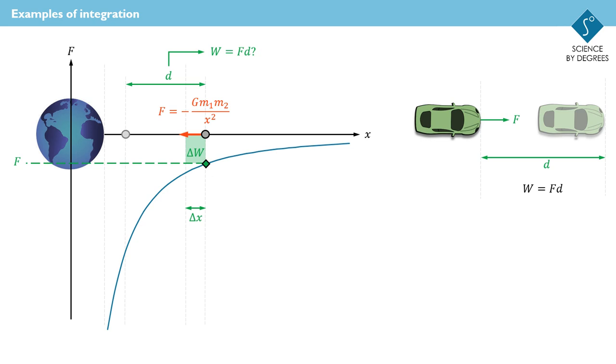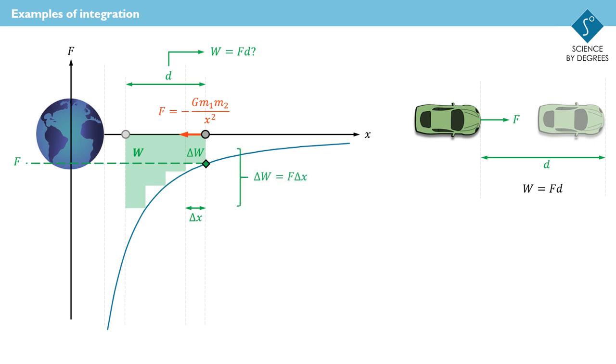But when the object's moved that small distance, it's in a different place and the value of F is different. So we need to use a different value of F to get the next small green rectangle for the next little bit of work done, and so on and so on. Adding up all the small green rectangles gives an estimate of the work done travelling from the start to the finish.